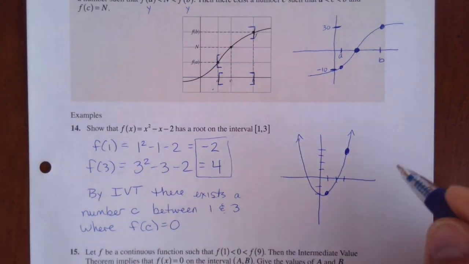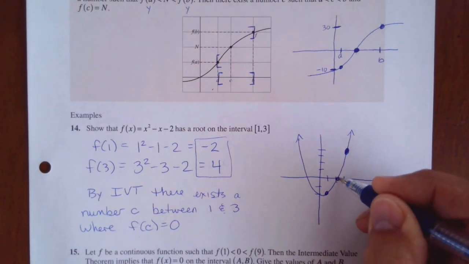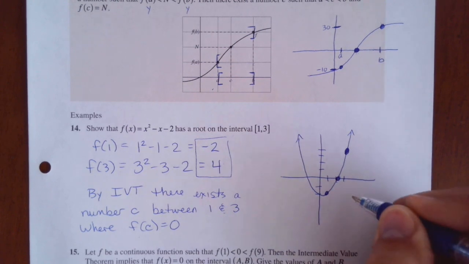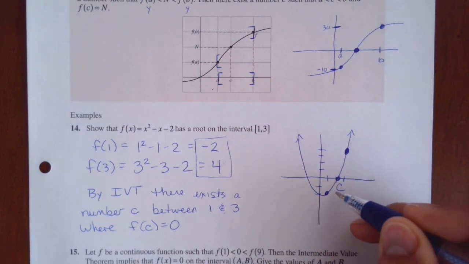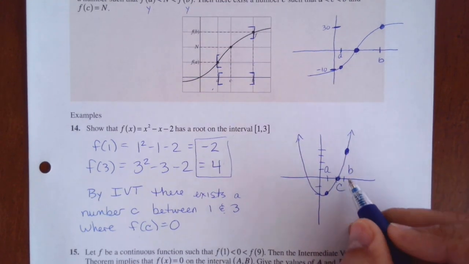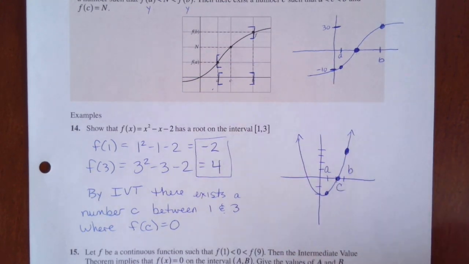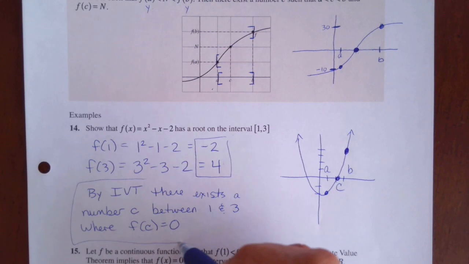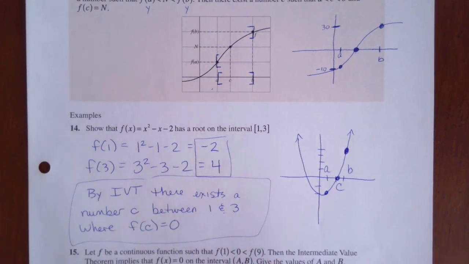I know that there's some number c right here. There's a c. I don't know what it is. It's not necessarily 2. But there's a c somewhere between a and b. Right? Here's a and here's b. I know there's a c value in there that equals 0. Okay? So that's what you're trying to show by the sign changes up here.